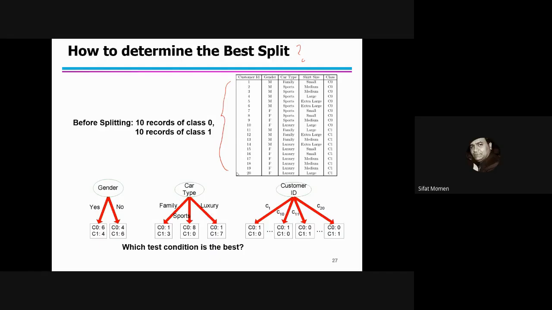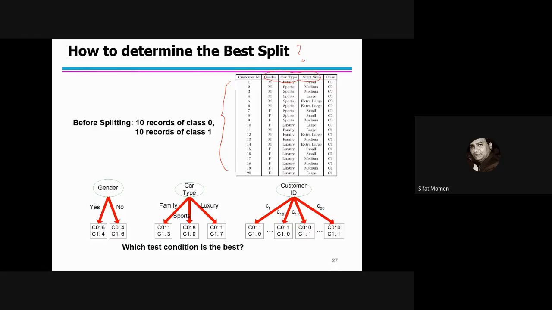How many records, or instances, do we have? 20. How many features are there? 3 features, sir. Actually, it should be 3 features, and a target label. Which are these 3, Nakina?